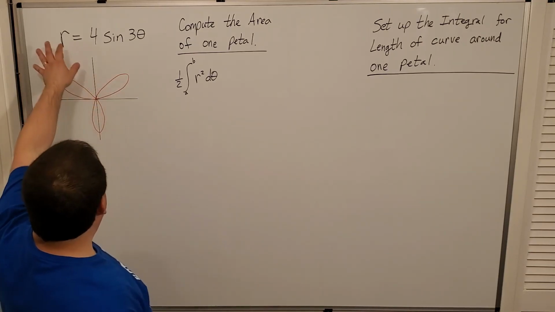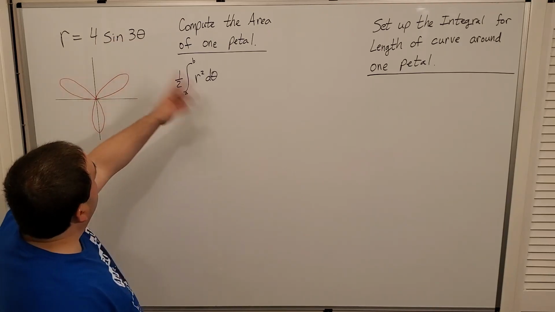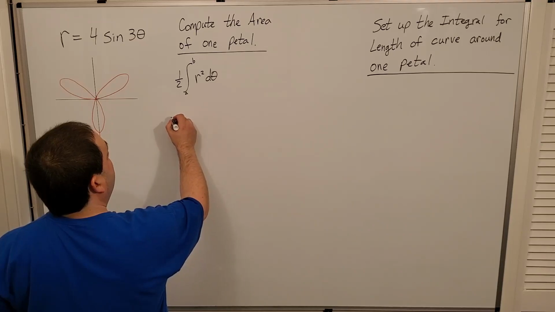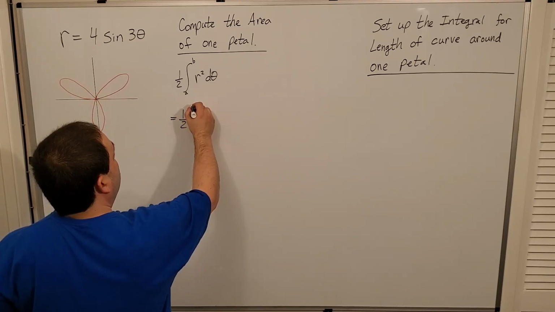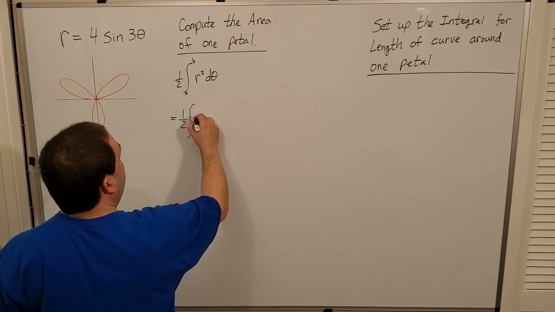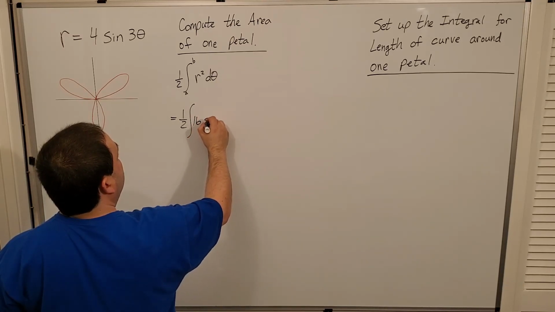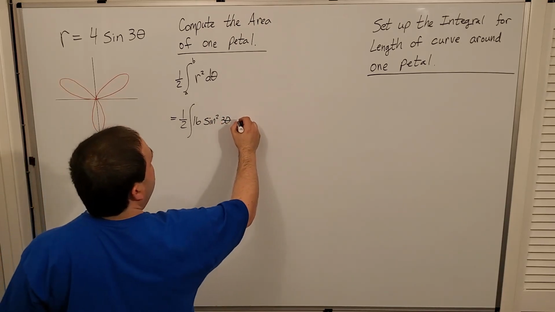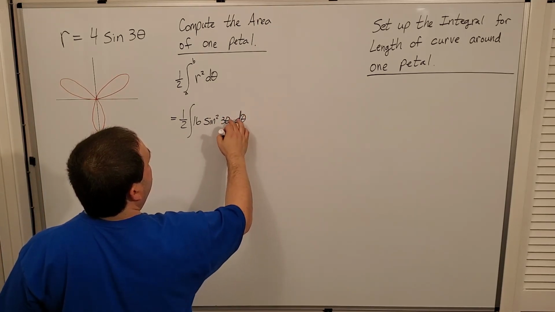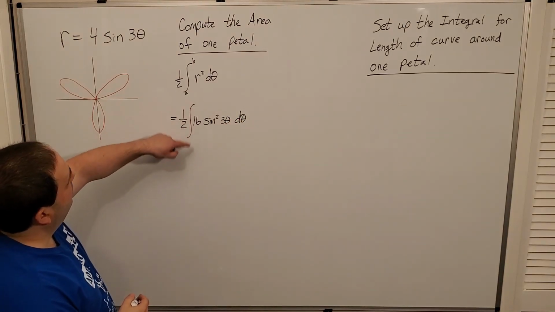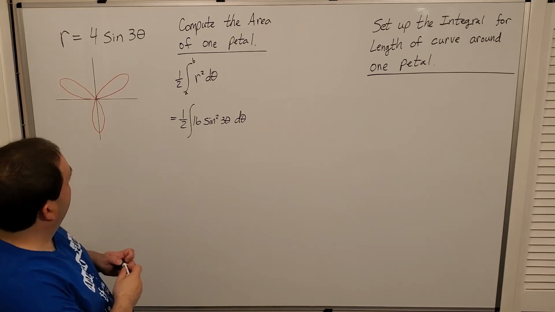Okay, well, I've got the r squared, there's no problem there, and then d theta will follow naturally, of course. The trick is knowing where to begin and end. So I'll have 16 sine squared 3 theta, d theta here. But I need my boundaries on these things, right?